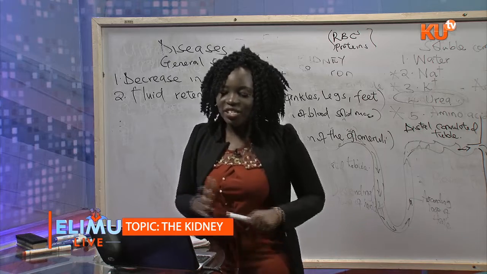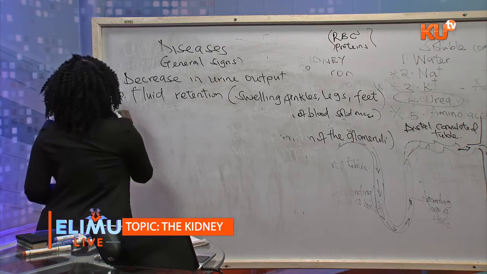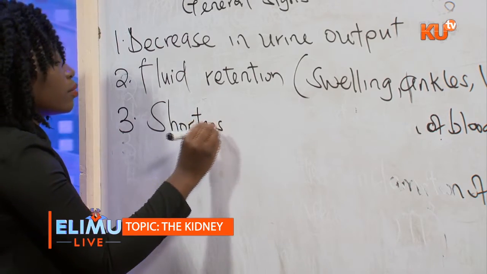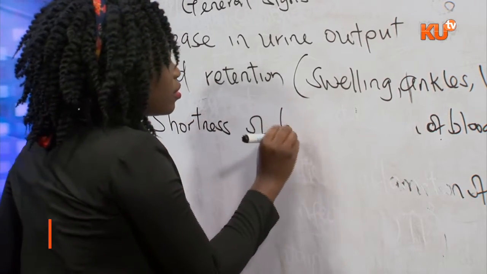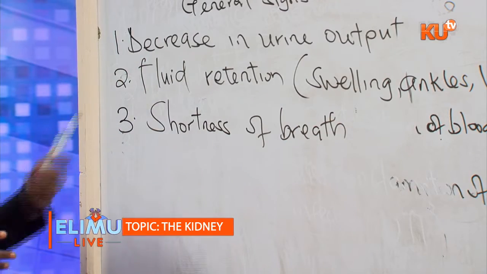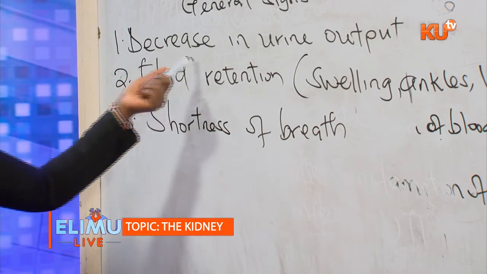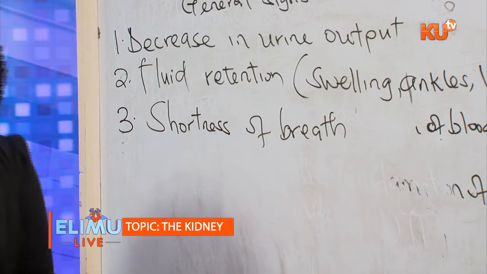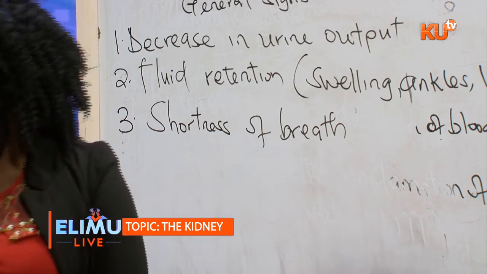Another one is shortness of breath. This one usually accompanies any other sign. Maybe you experience a decrease in urine output and then also shortness of breath. You really need to visit the doctor.